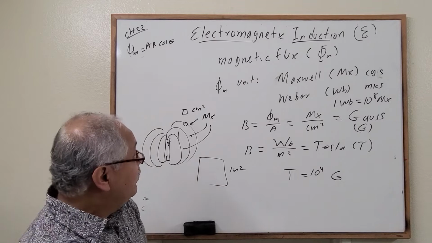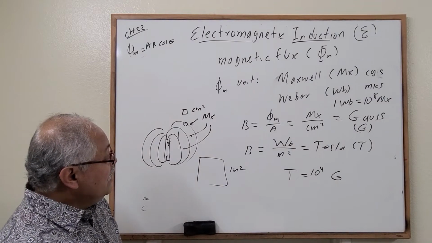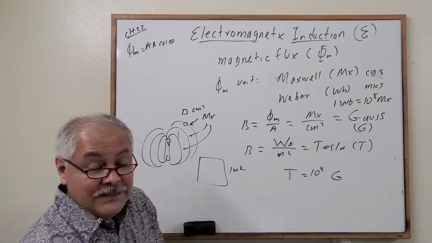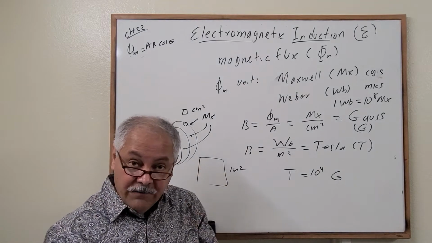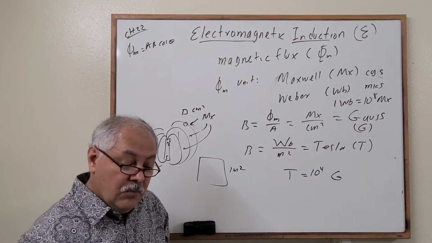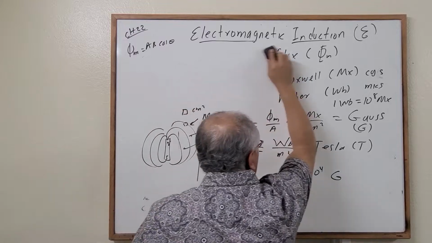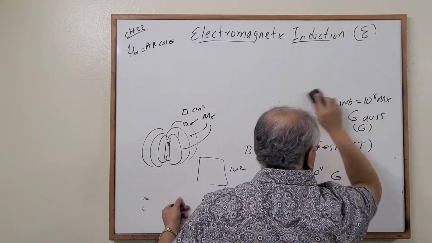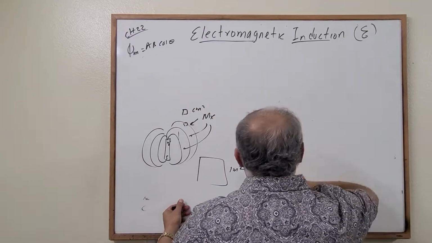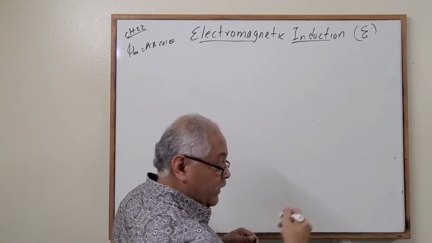Great. Now let's go to the case when we change the area of a circuit, and we call that the motional EMF. Okay, let's do it. Motional EMF.